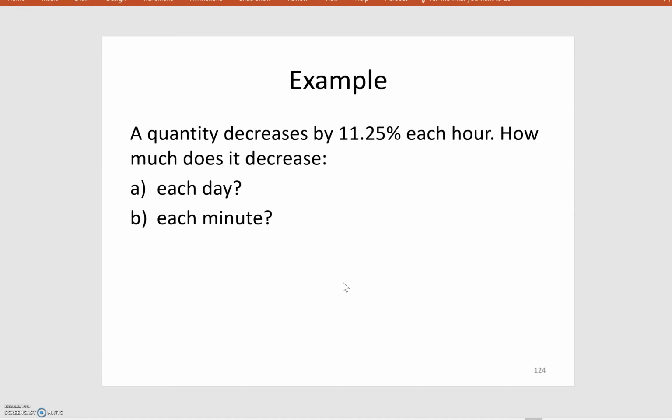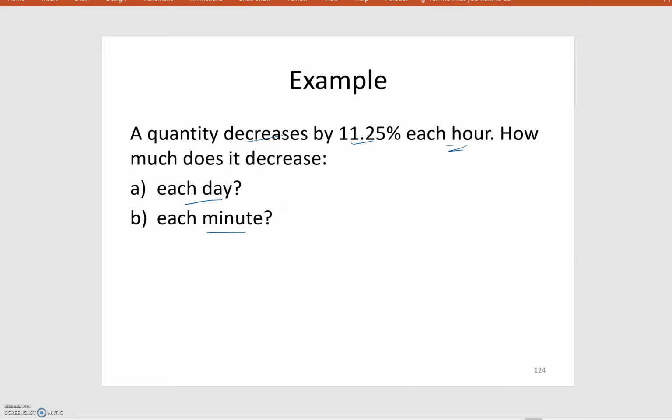Suppose we have a quantity that decreases by 11.25% hourly. How much does it decrease each day and each minute? So this whole question is all about changing our time unit, and we don't even know how much of this stuff that we have. It doesn't matter. The important thing is this rate.